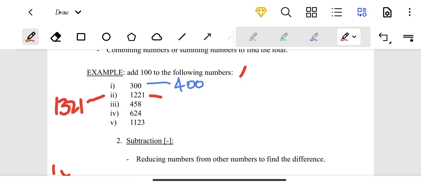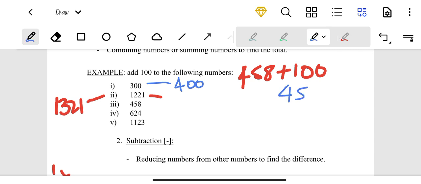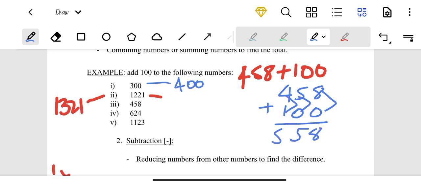So now we come to the third one. We have 458 plus 100. How am I going to write it? I'm going to say 458, 001, and then I draw my line there. Let's not forget the addition sign there. So 8 plus 0 is 8. 5 plus 0 is 5. 4 plus 1 is 5.